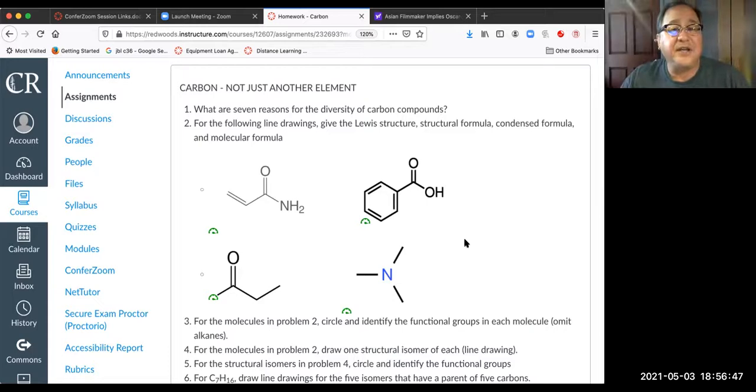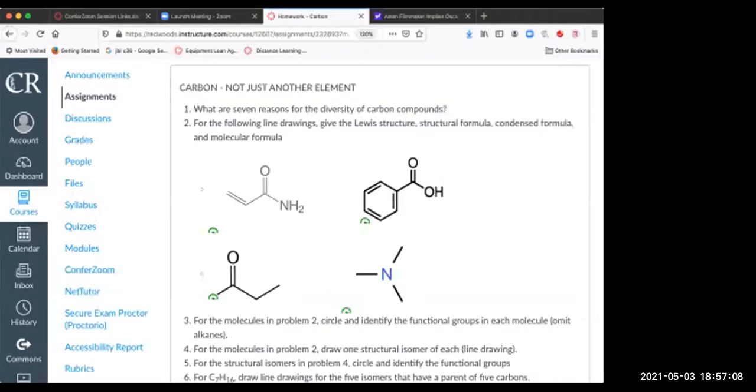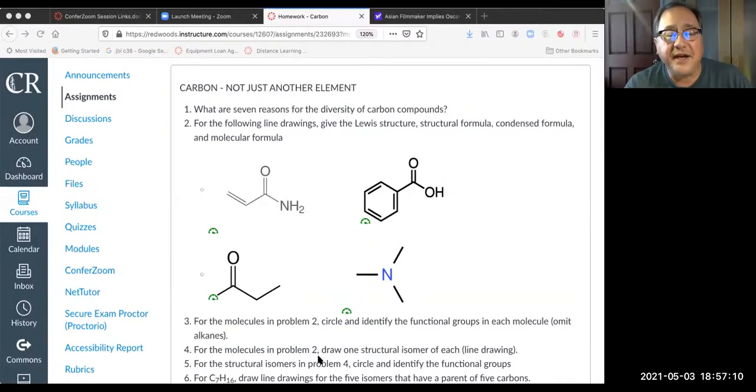So let's take a look at some of these questions. Number 1, seven reasons for the diversity of carbon compounds. Do you know what seven reasons are? They're tetravalent. They can make single, double, or triple bonds. Okay, I'm going to try and capture this now.